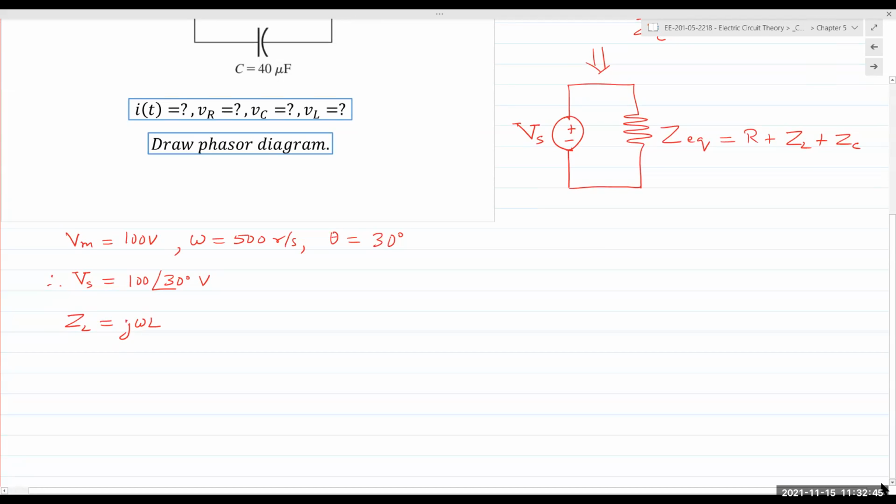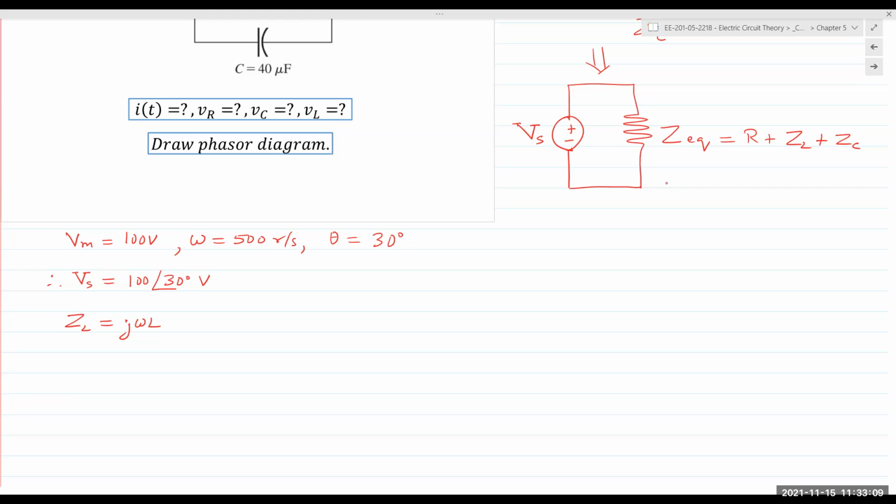In this case, I need to find ZEQ, meaning I need to add all three of them together. And again, repeating myself, my calculator cannot add two complex numbers if they are not in rectangular coordinates. So I need rectangular coordinates. But later on in this problem, I'm going to apply Ohm's law again. I need to find VR, VC, and VL.